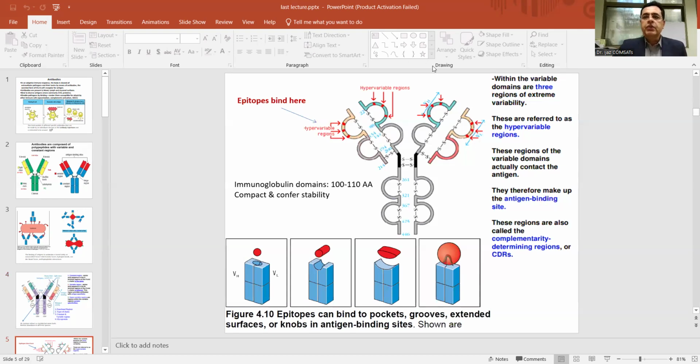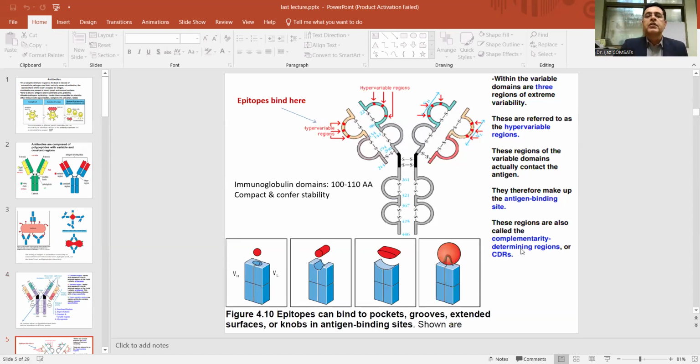These three domains are also called the complementarity determining regions, because they are going to bind with the antigens there, and the complementarity between the antigen and this part of the antibody is determined. If that is a perfect match for binding with this particular region, then the antibody would perfectly match and bind with that particular antigen.